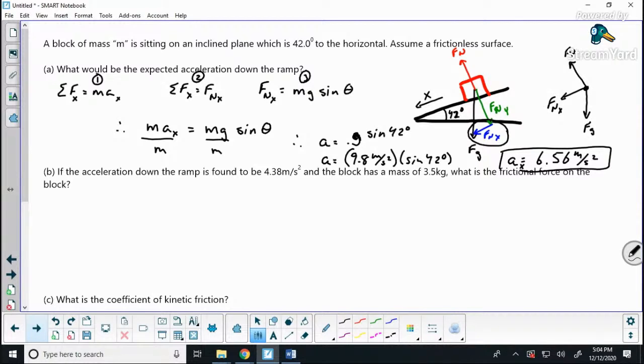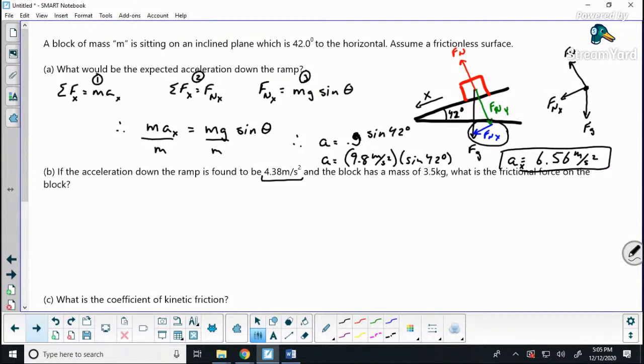Part B, however, says the acceleration down the ramp is actually just 4.38 meters per second squared. That means there are frictional forces involved. Again, without frictional forces, 6.56 meters per second squared for the acceleration. 4.38 meters per second squared, less acceleration, means there's less force down that ramp than what we assumed there was.